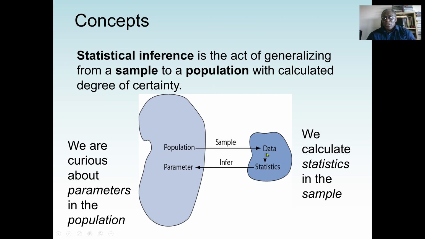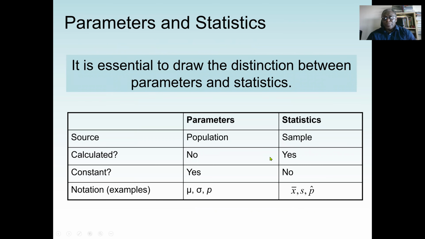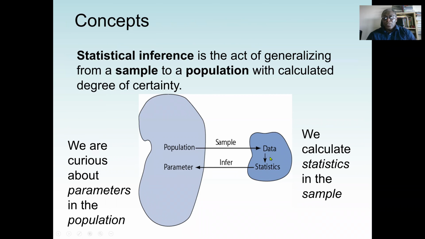For example, the mean of a sample, or the standard deviation of sample data, is called a statistic. So we say we are very curious about parameters in the population, and we always calculate the statistics in the sample.